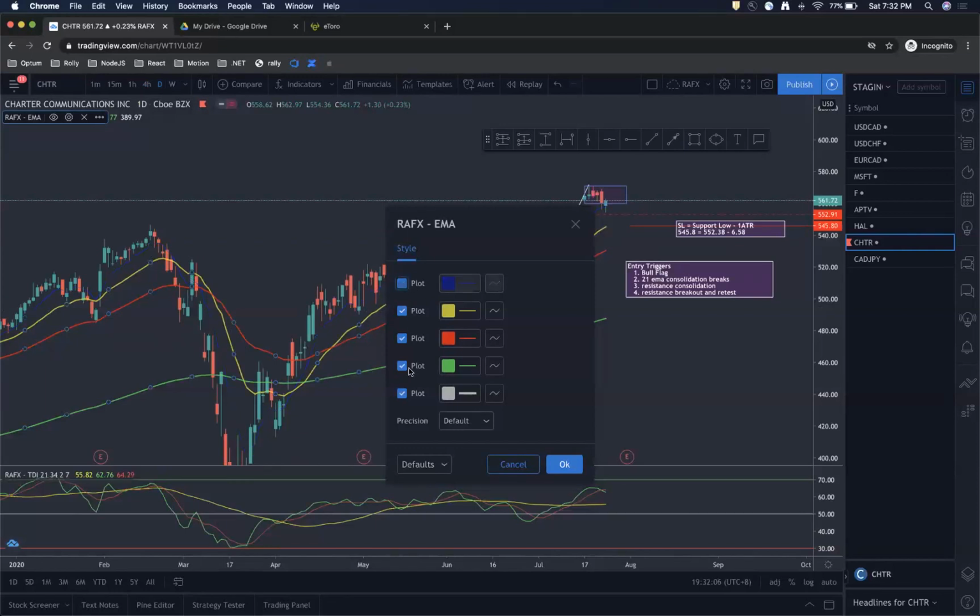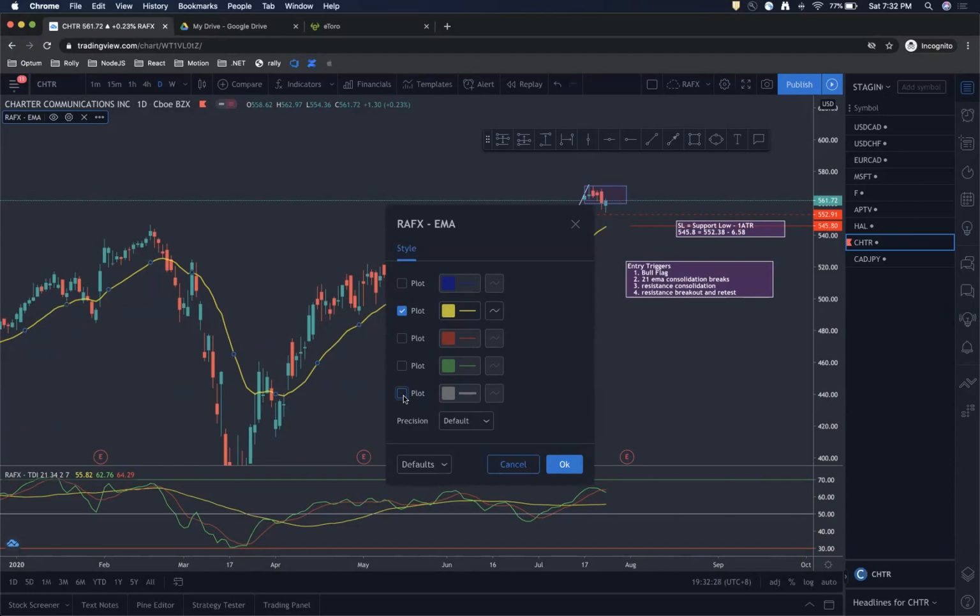We are not going to cover those in this discussion, but those are just moving averages depending on the time frame that you're trading. Most of the time, they are also used to confirm the trend.